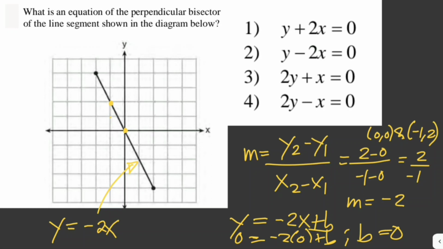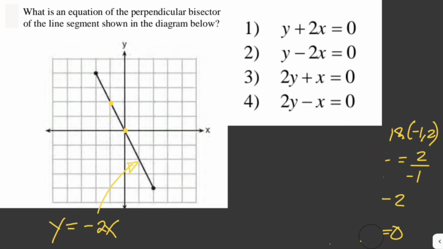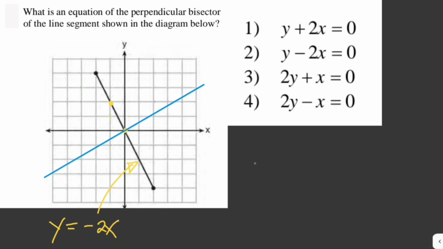And now we can solve for the equation of the other line that is perpendicular to this line. So the slope of the second line is equal to the negative reciprocal of the slope of the first line.